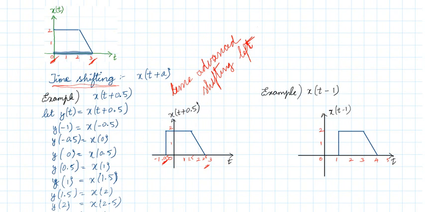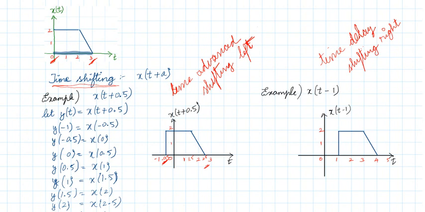T minus means time delay, that is shifting right.